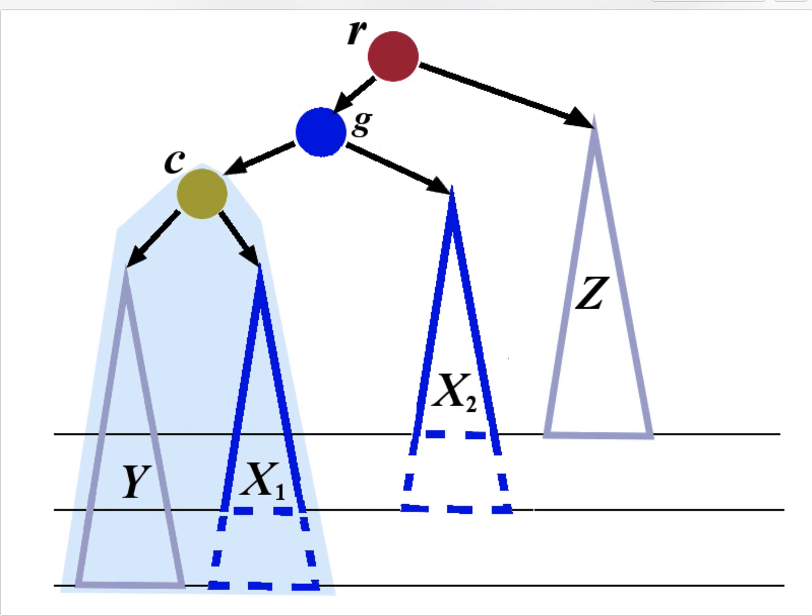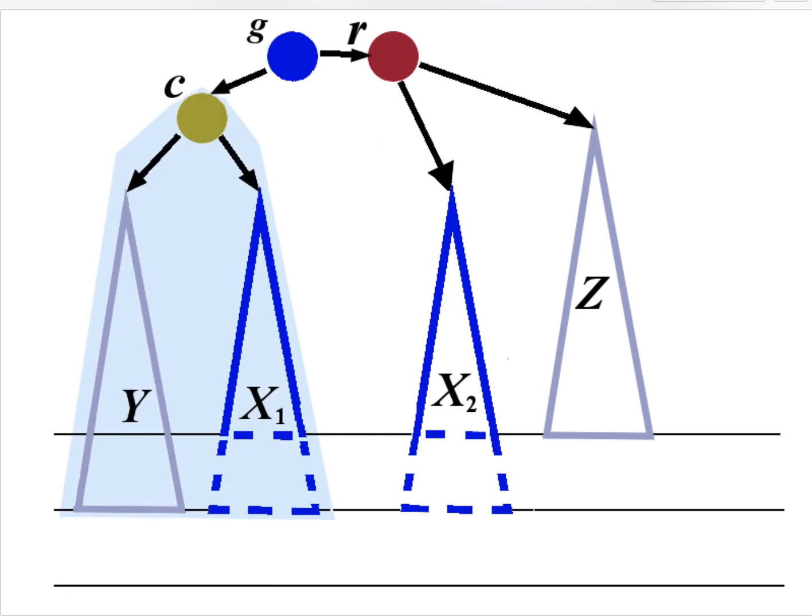Let's review the right rotation. We did that before. Left child of R becomes x2. The right child of G becomes R. And that's it. We just need to redraw the picture to emphasize that G is promoted. And G goes to a dignified position of the root.